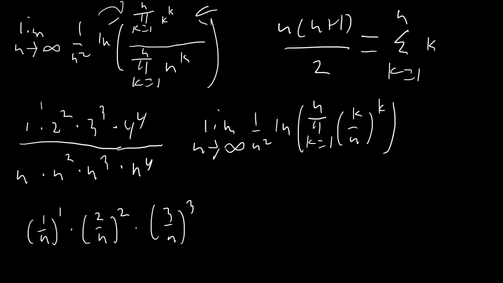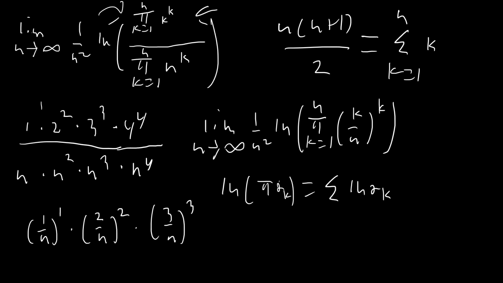Now, we're going to do one of my favorite tricks for evaluating both infinite products and infinite sums, actually. And that's that the natural log of a product of something is the same as the sum of the natural logs.